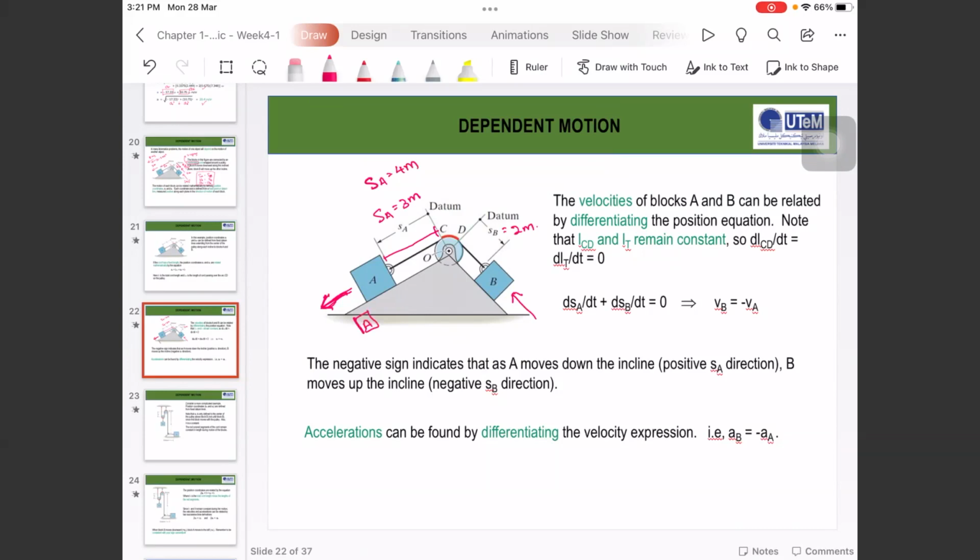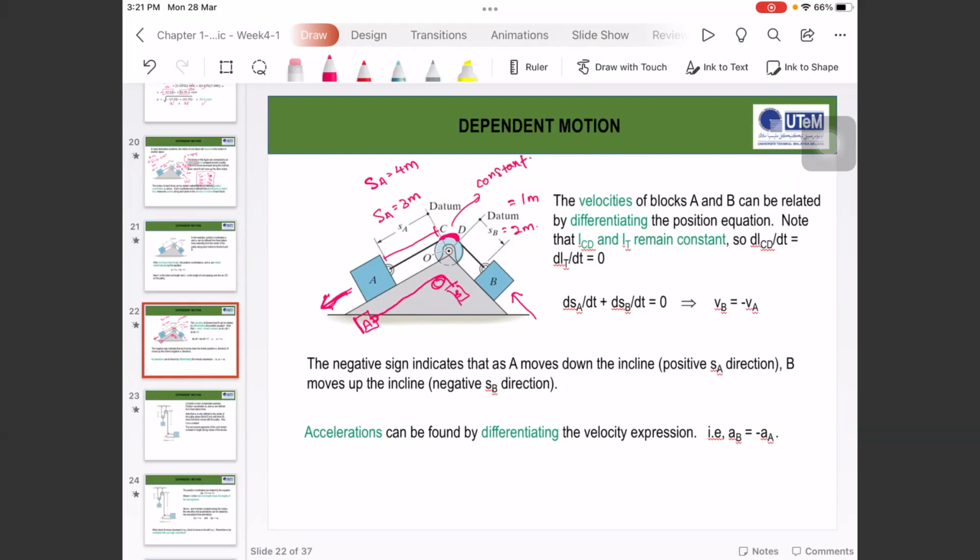Ni dia pendek lah, mungkin dah jadi 1 meter. Tapi yang merah ni, the one touching the pulley is constant. Dia tak berubah.